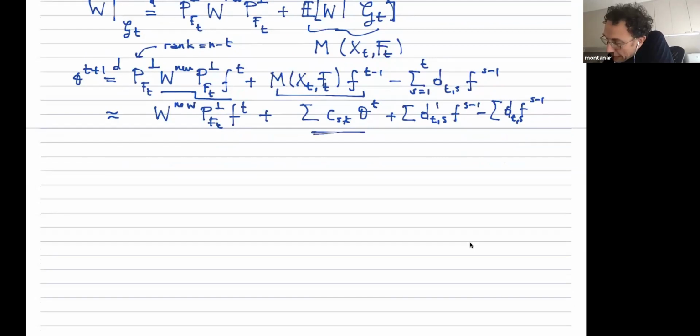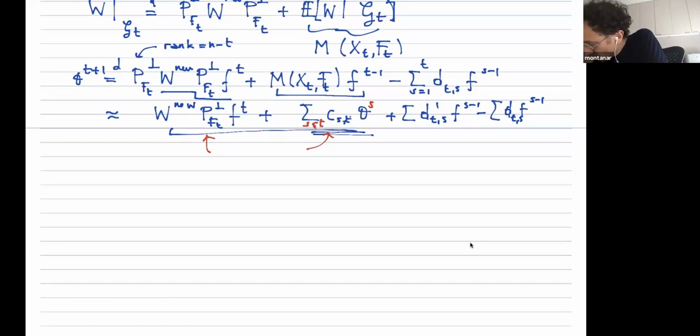Okay, so this piece we like because by induction you prove that theta is Gaussian at previous iterations, and so these two pieces together make a Gaussian vector, because the first one is a Gaussian matrix applied to a fixed, independent vector, and this is Gaussian because by induction, for S less than t, the previous iterations were good.